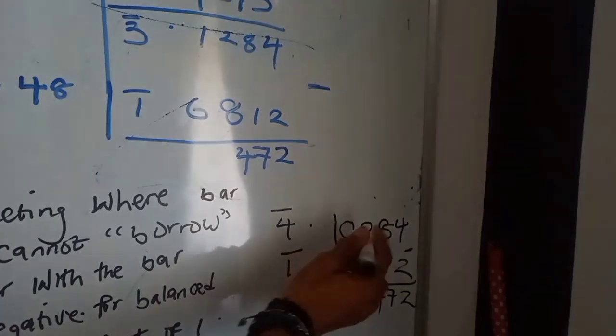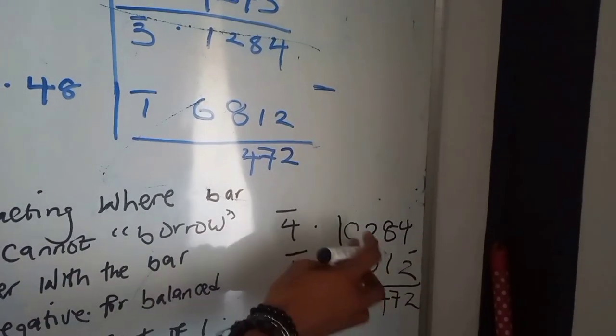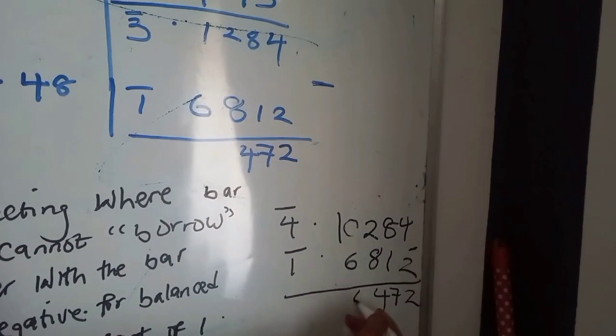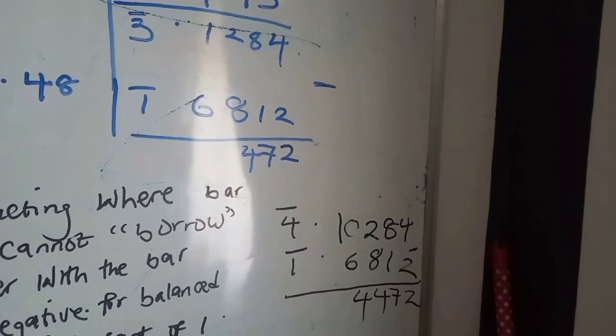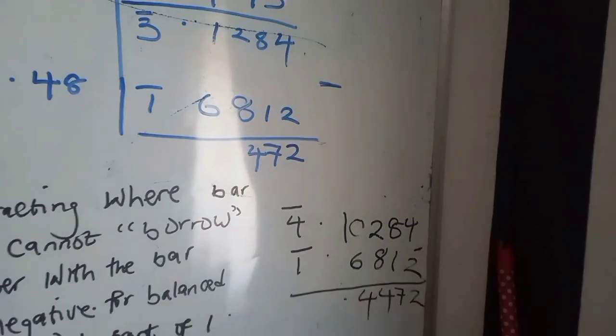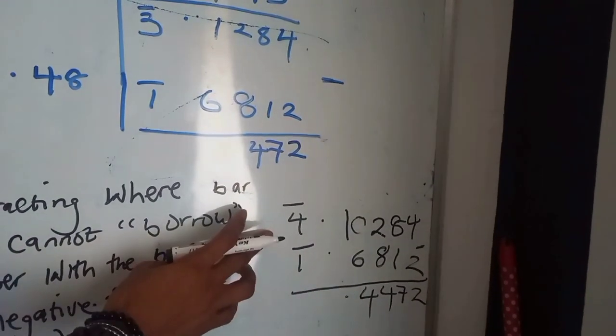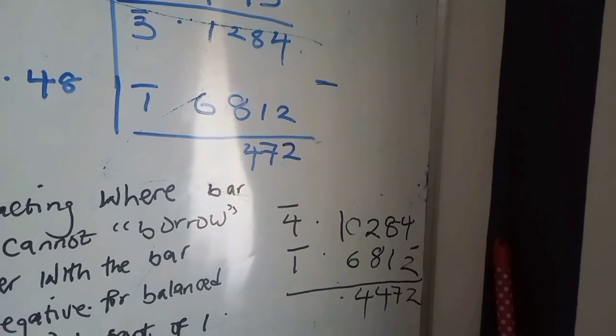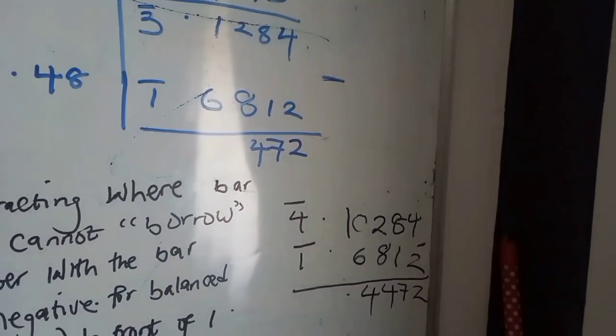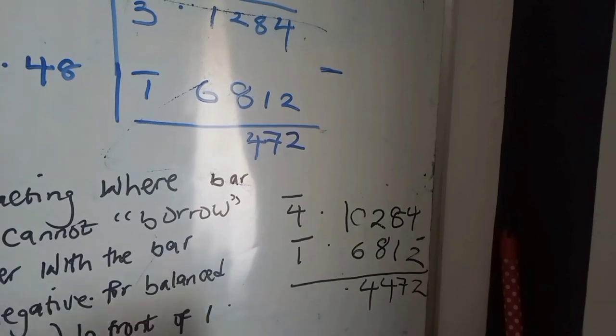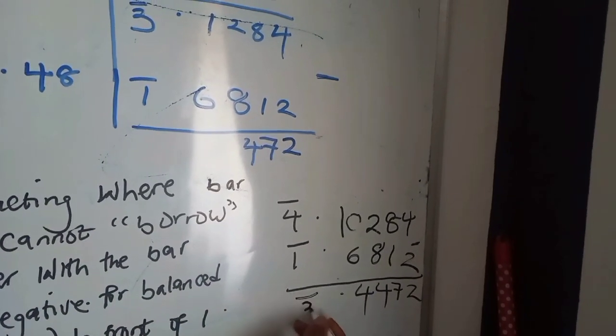Here is 0, so add 1 here. That is 10. 10 minus 6 is 4. So I have 4472 decimal. Minus 4 minus 1 is minus 3.